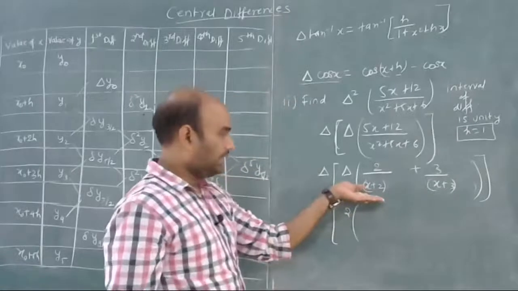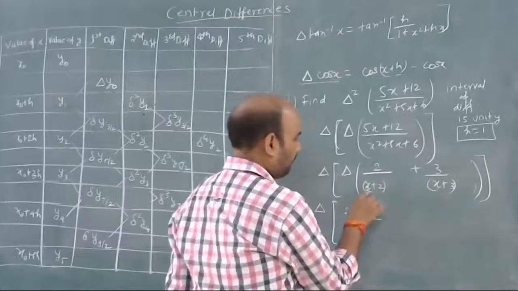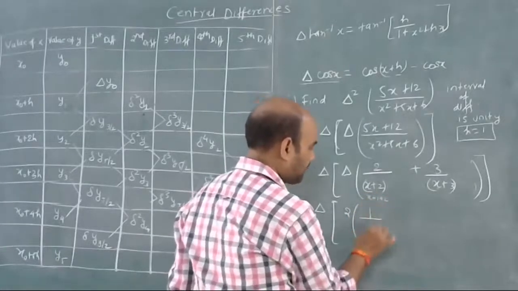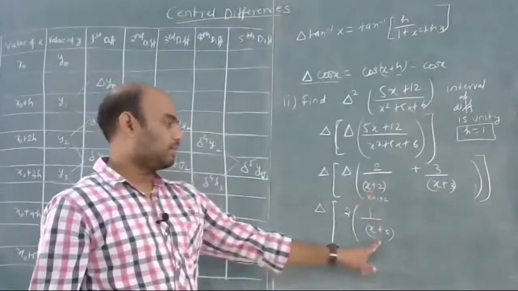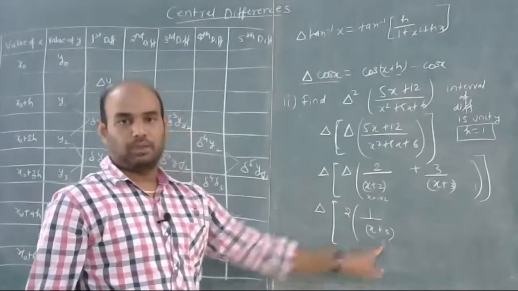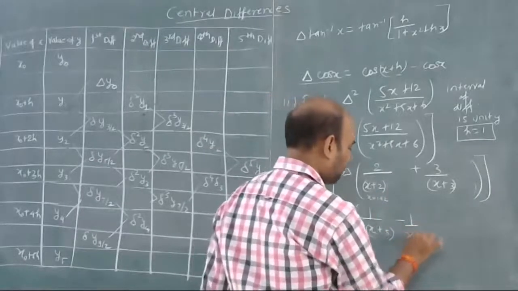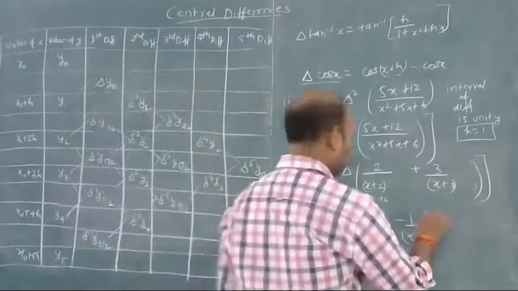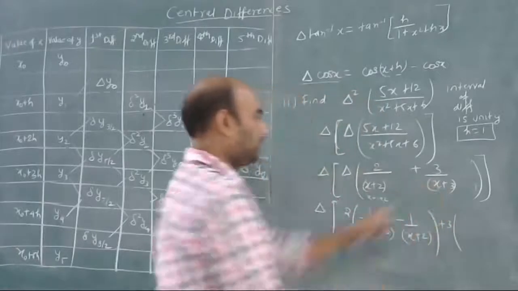So you have to increase this x by 1. So this will be equal to 1 upon x plus 1 plus 2, so it can be written as x plus 3, minus its original value, 1 upon x plus 2. Okay. Similarly, for this it will be 3, so x is incremented by 1.